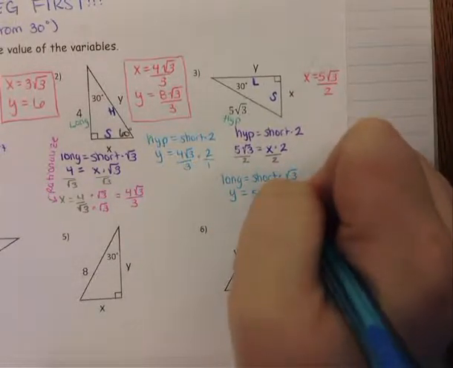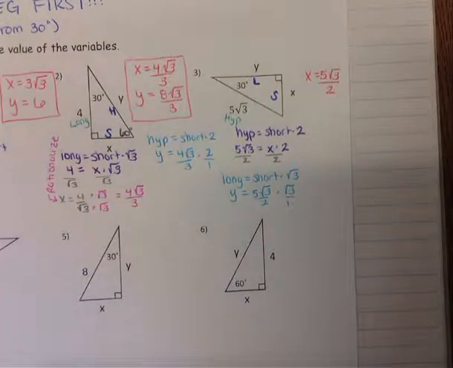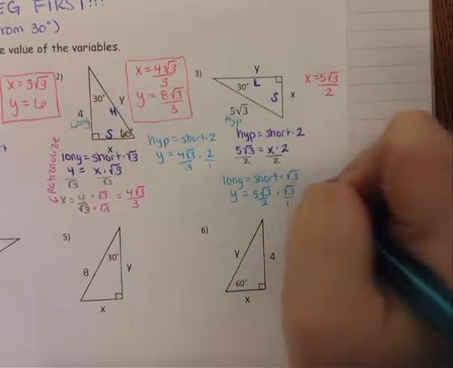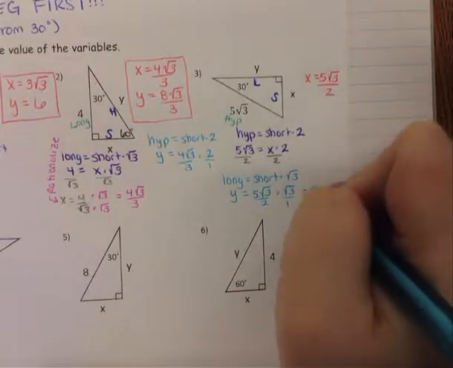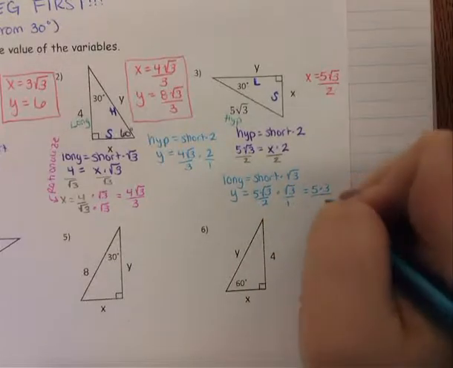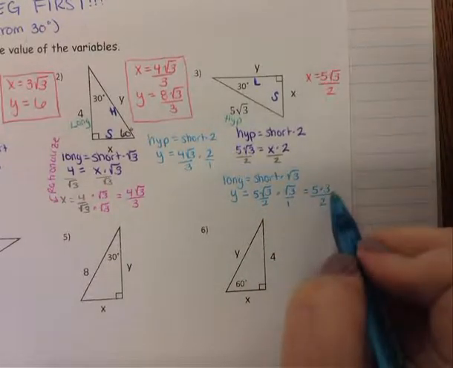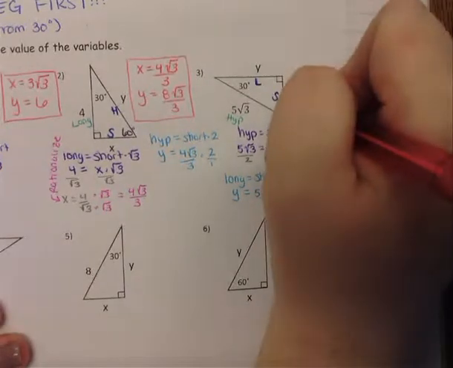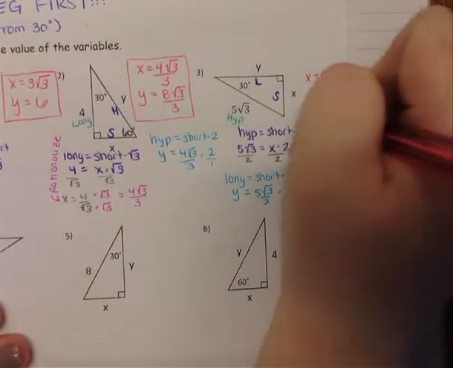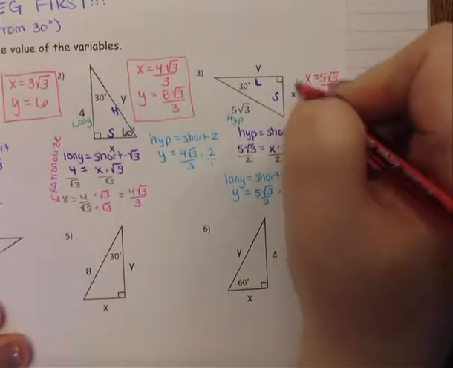And again, this is square root of 3 over 1. So when you get this, you technically have 5 times square root of 3 times square root of 3 is 3, and then over 2 times 1 is 2. So this is 5 times 3 is 15 over 2, which will stay as 15 over 2. So y is equal to 15 over 2. These are our values.